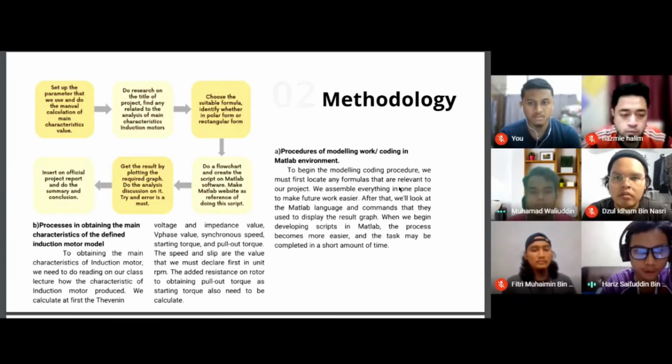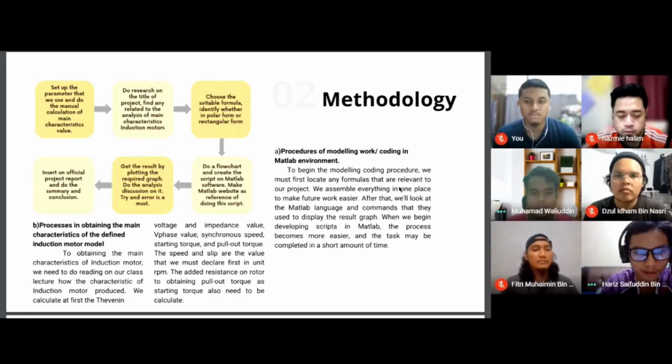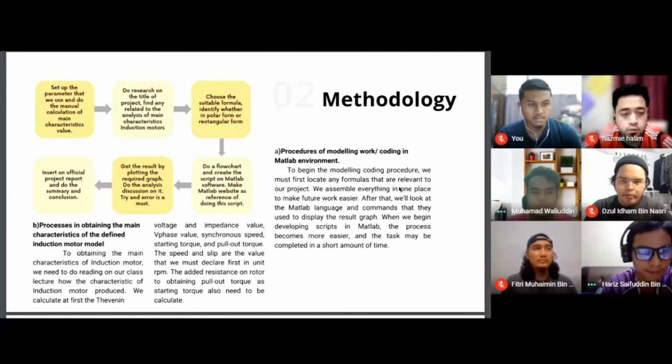Fourth, do a flowchart and create the script in MATLAB software, using MATLAB Kursat as a reference. Fifth, get the result by plotting the required graph. Do the analysis and discussion on it, with trial and error if needed. And lastly, insert it into the official project report and do the summary and conclusion.